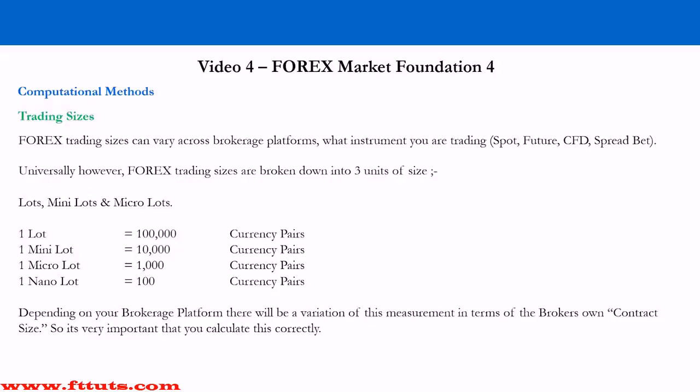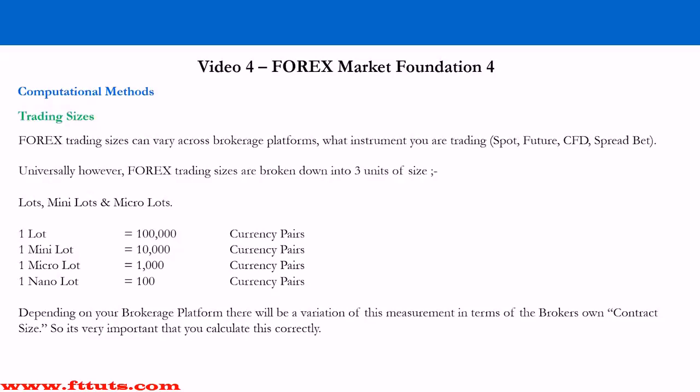Universally, however, there are languages where trading sizes are broken down into three main units of size: one lot, one mini lot, and one micro lot. And there may be a fourth one, depending on the retail brokerage platform you're using and what instruments you're trading. There may be another one, which is a nano lot.